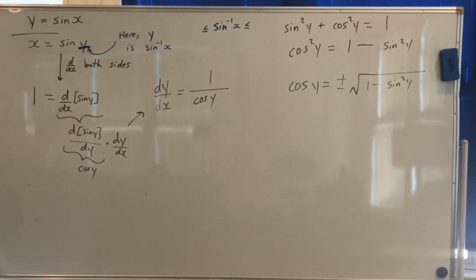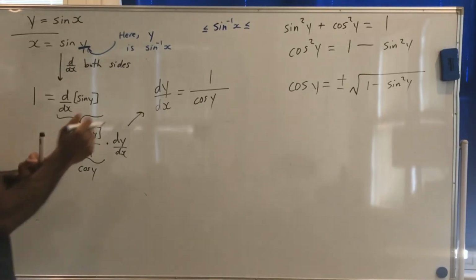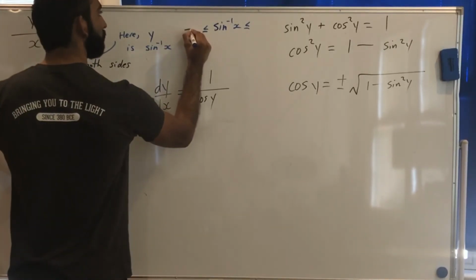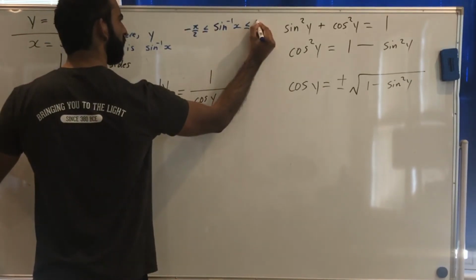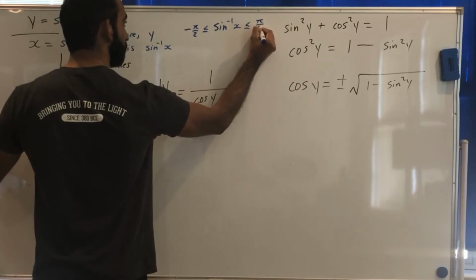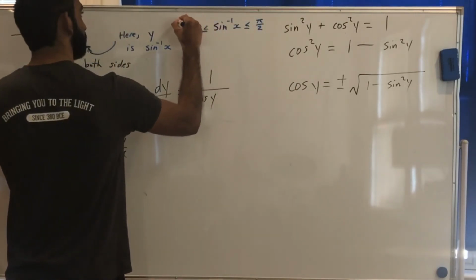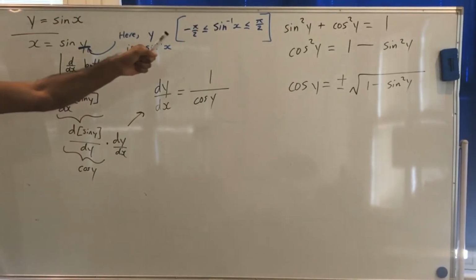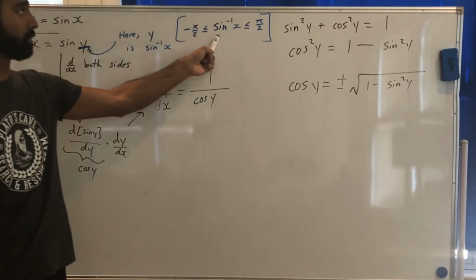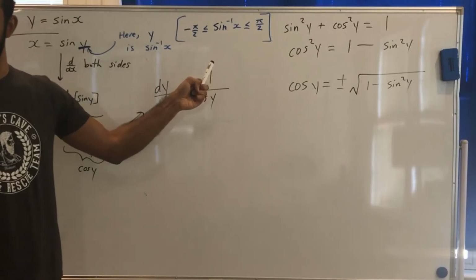The way we define inverse sine as a function in trig is that it's always between negative pi over 2, fourth quadrant, and positive pi over 2, yes. That's just a little recap from trig. In other words, I'm always in either quadrant 1 or quadrant 4 when I'm dealing with this function.